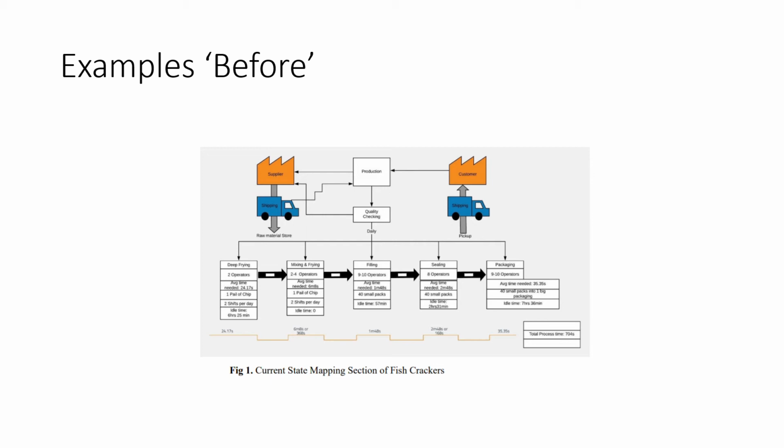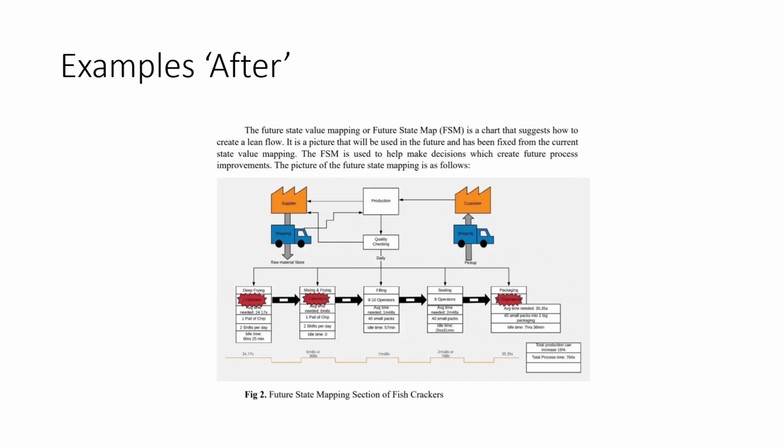They have identified the packaging side as the setback of this company because of the bad packaging operation. They are underproducing, and they cannot catch up with the orders. So this is the future VSM after they have identified that they have to improve the packaging operation. In fact, they have identified more than one process.